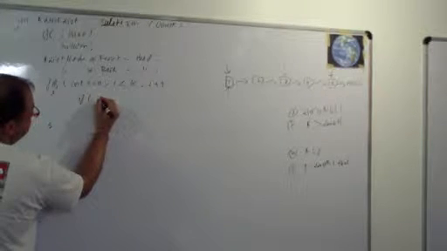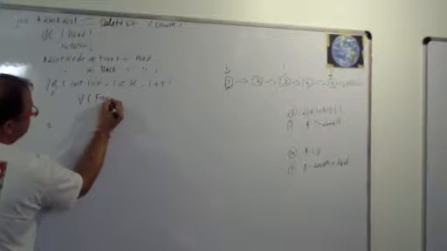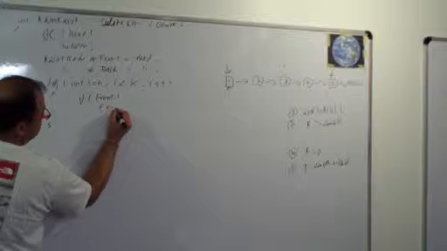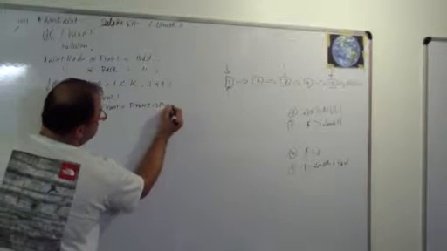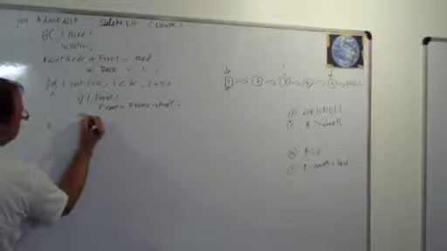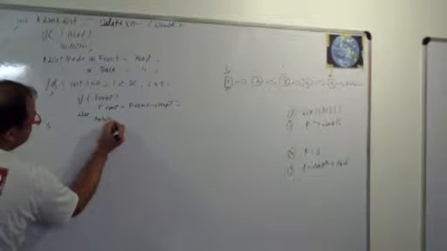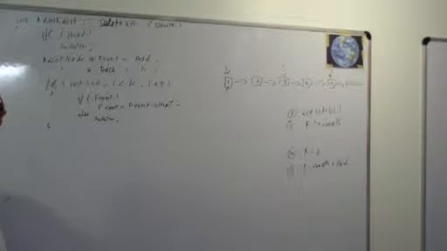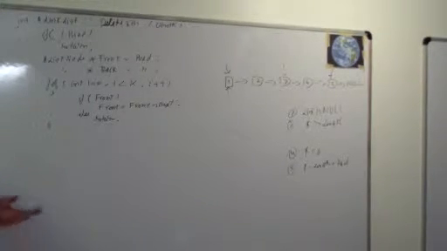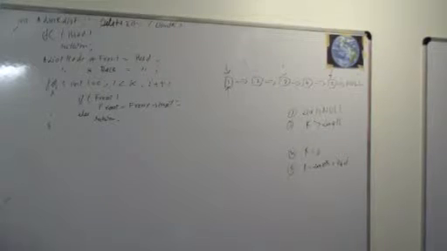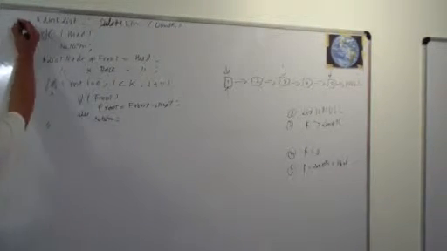If front is equal to front arrow next, else return. We can break as well, but return is best, so we return.